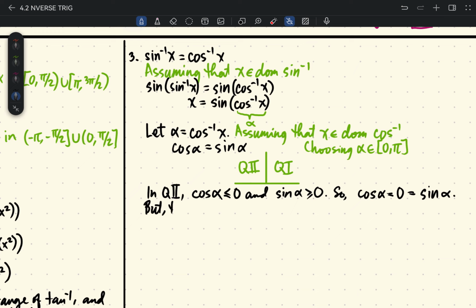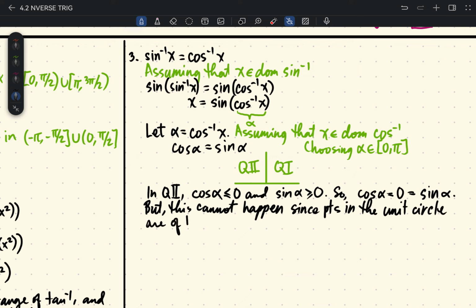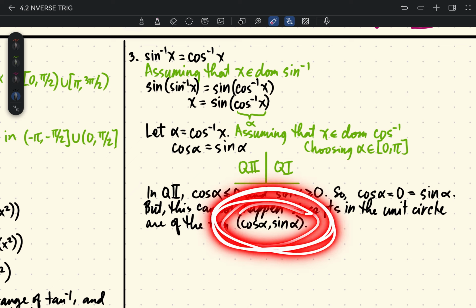This cannot happen because what we know is that the points in the unit circle are of the form cosine alpha, comma, sine alpha. Remember, this is our redefinition of the points in the unit circle using the cosine and sine functions.